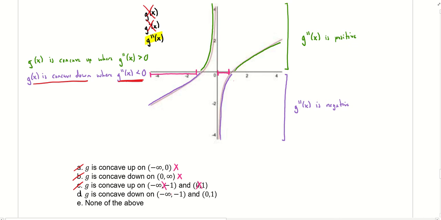So it looks like option D is our correct option here. So we do have concave down on the intervals where our second derivative is negative or below the x-axis.